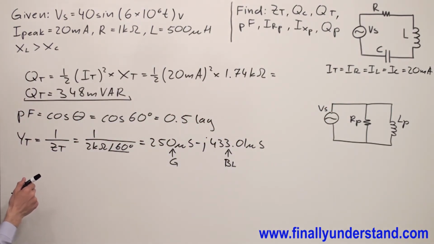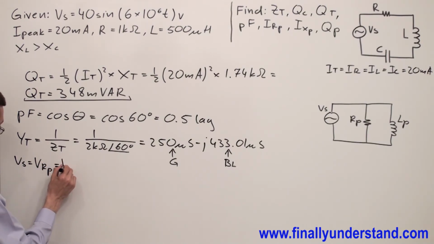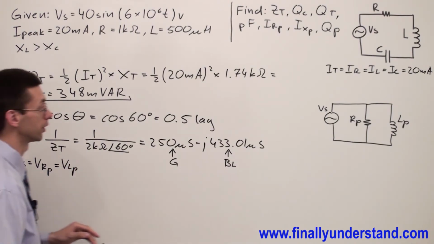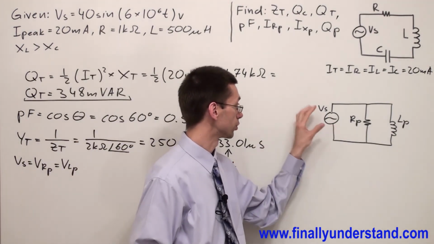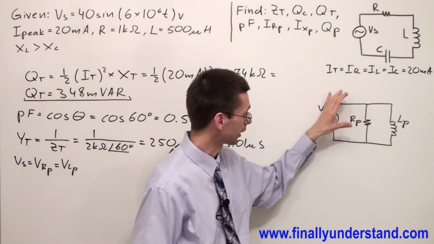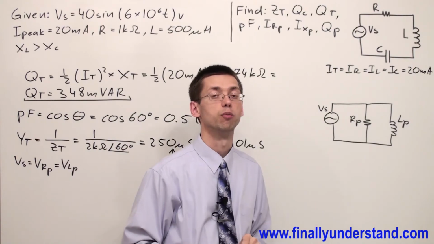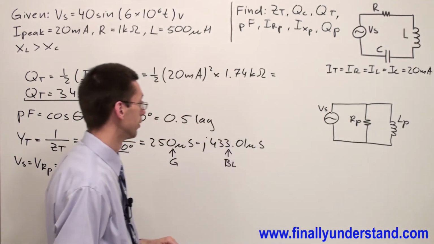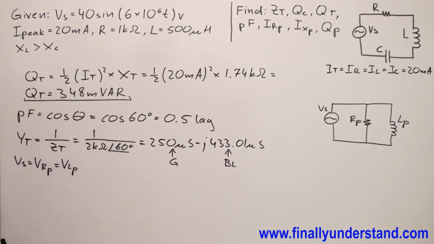I'm supposed to realize that the voltage source is equal to the voltage across the resistor in my parallel circuit, and this is also equal to the voltage across the inductor in my parallel circuit, right? This is a parallel circuit, so the voltage source is basically across every single component in my parallel diagram.